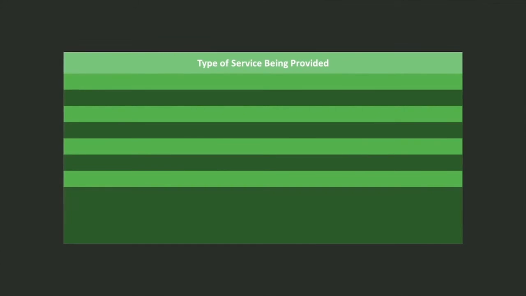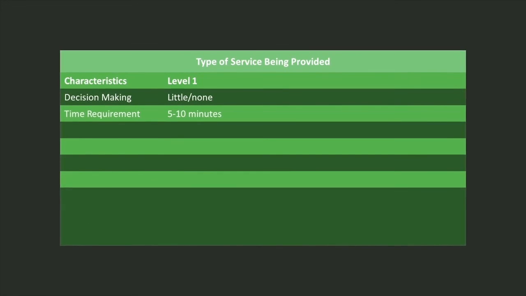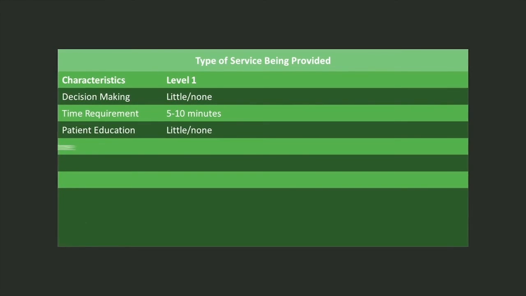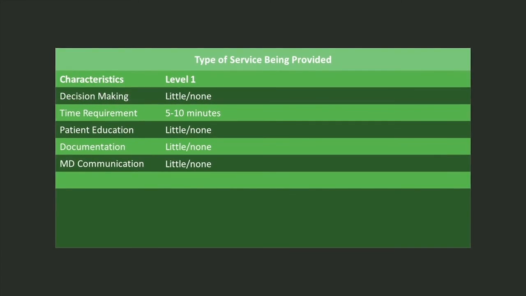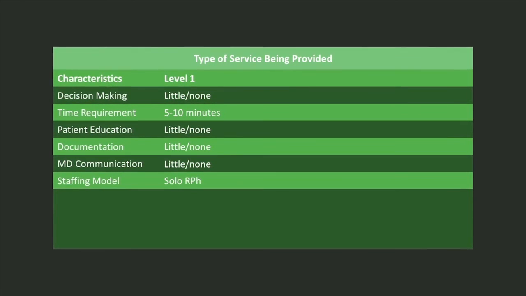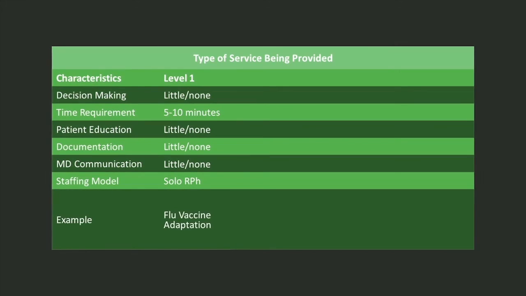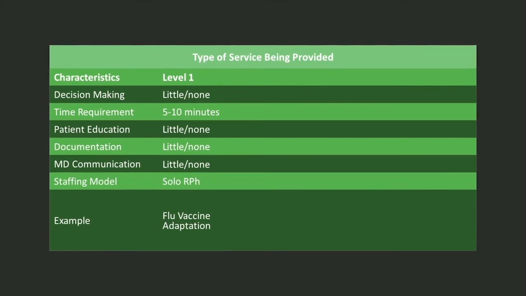When we are talking about level 1 services, these have very little decision making involved, require maybe 5 to 10 minutes, and there's little patient education, there's some documentation, and little to no physician communication. And the staffing model is best suited for a solo practicing pharmacist. An example would be a flu vaccine administration or adaptation of a prescription.